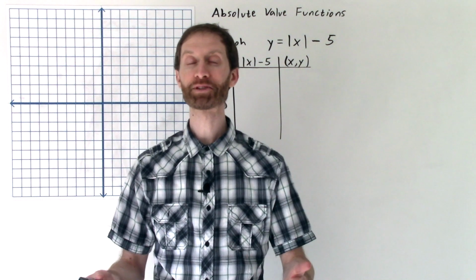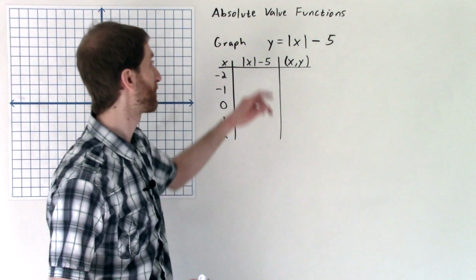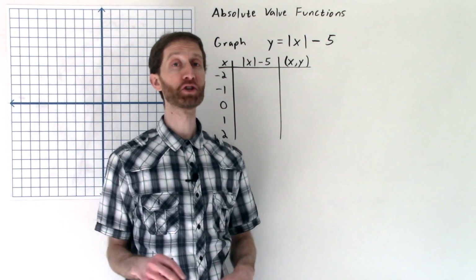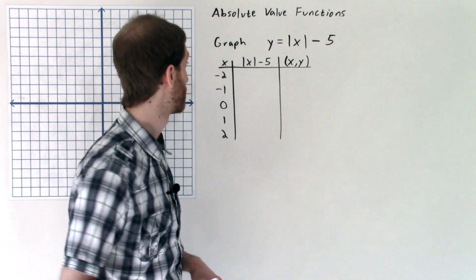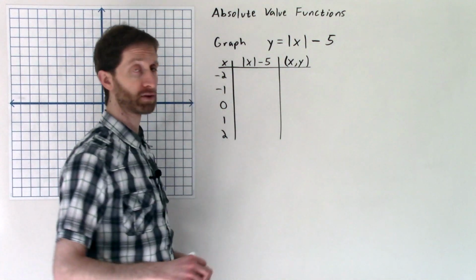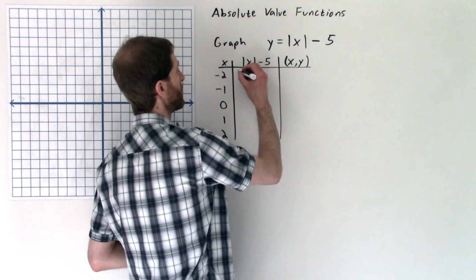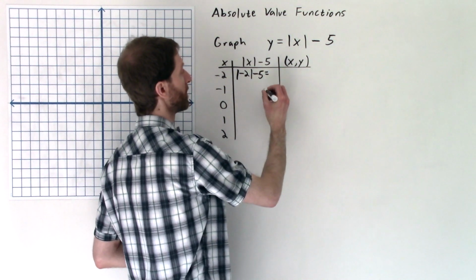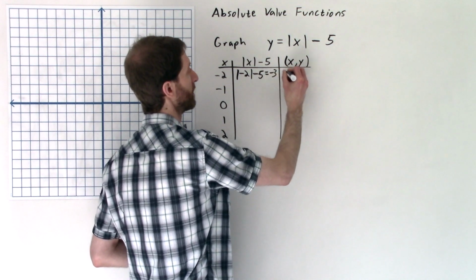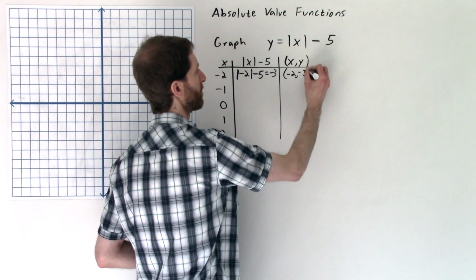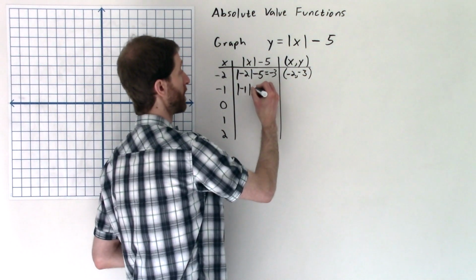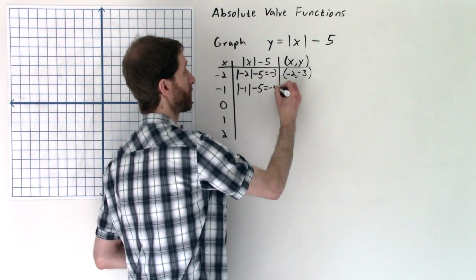And here we are on the flip side of the video, where we are going to graph the absolute value of x minus 5. Just a little extra practice, so without further ado, let's dive right into it. I'm just going to plug in these numbers, -2 through 2, into my function. The absolute value of -2 is 2, minus 5 is -3. So that's the point -2, -3. The absolute value of -1 is 1, minus 5 is -4.